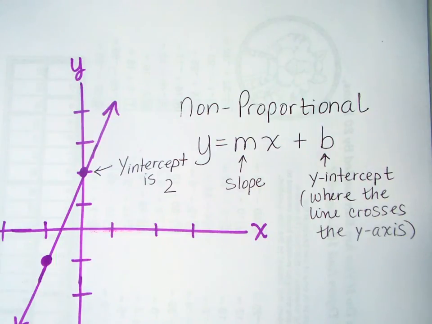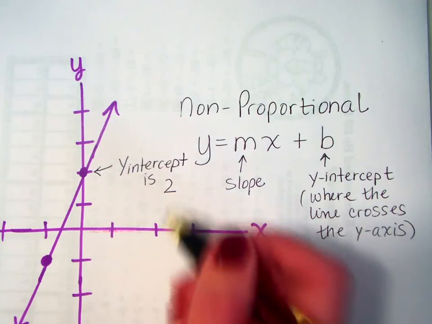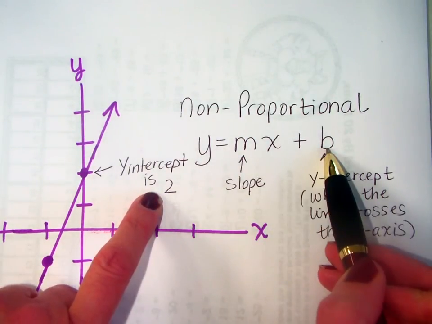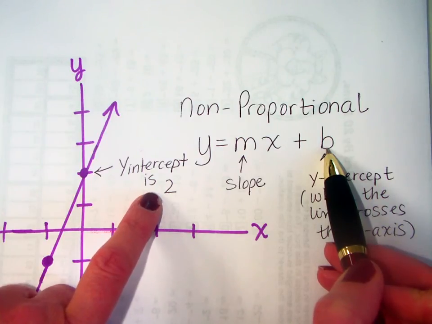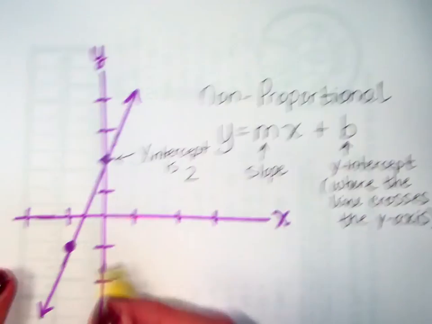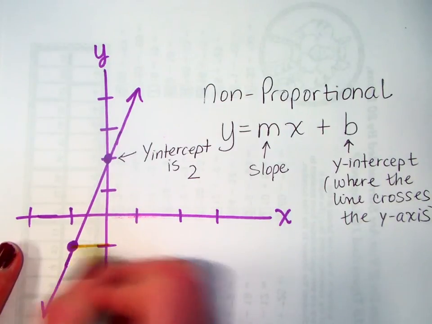All right, so we have part of it. We know for the b value, what number are we going to put in place of that? The 2, yeah? Now we just need to find our slope again. So go to that point that's on the left. We can go to the right and then up.